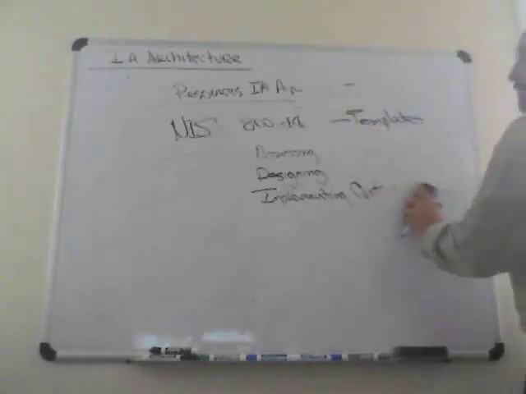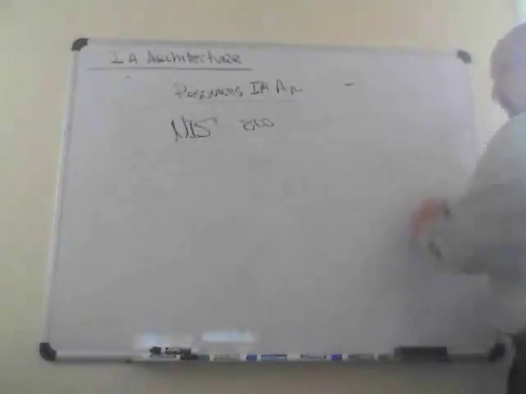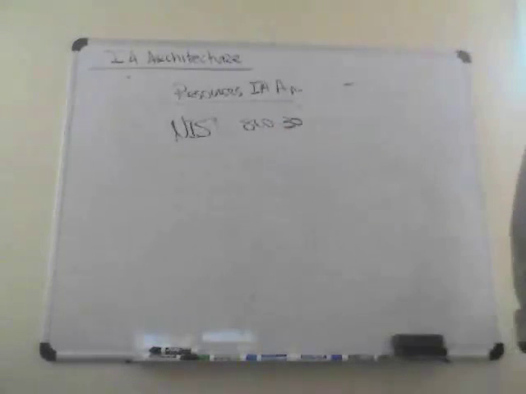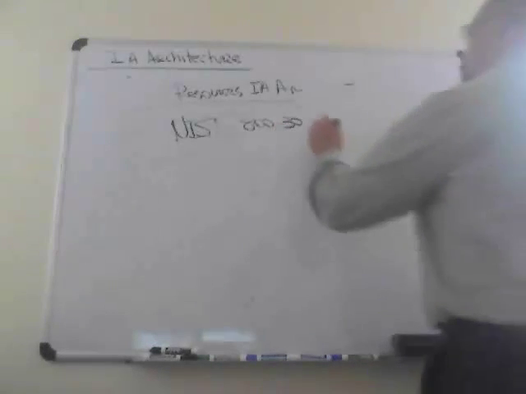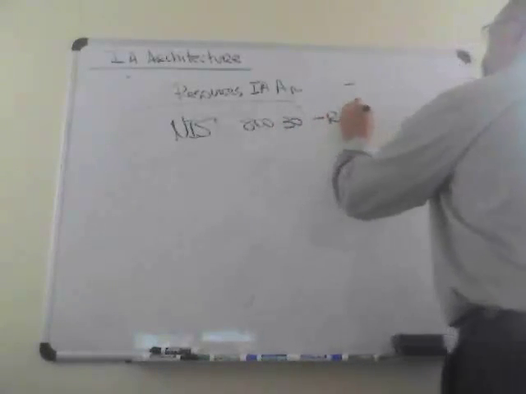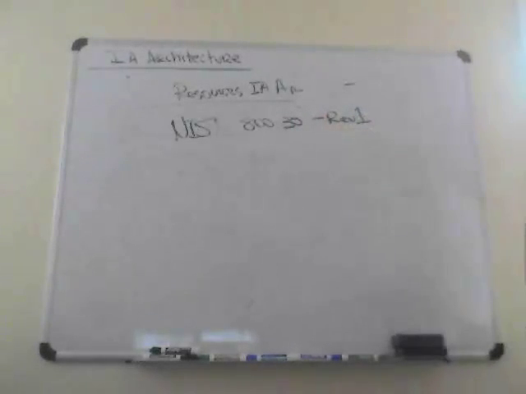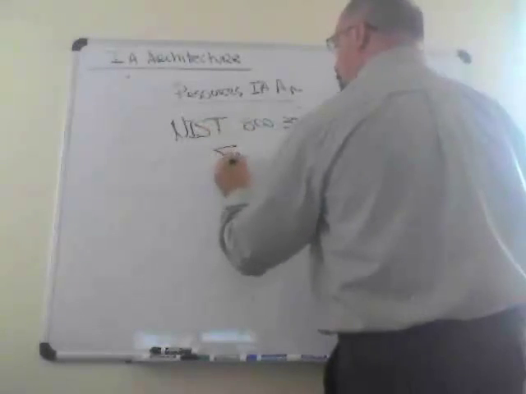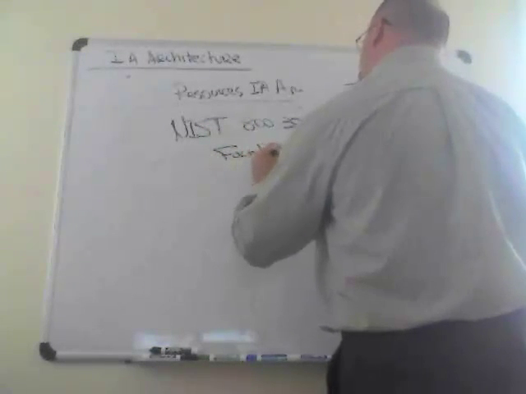After 18, you can look at 30. 30 has a couple of revisions. I think revision 1 would probably be the most current. That's a guide for conducting risk assessments, and basically it provides some foundation for the risk assessment process.